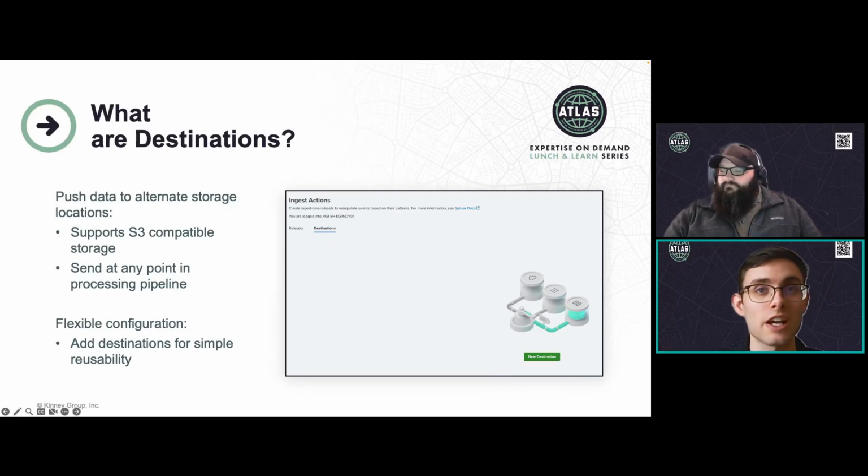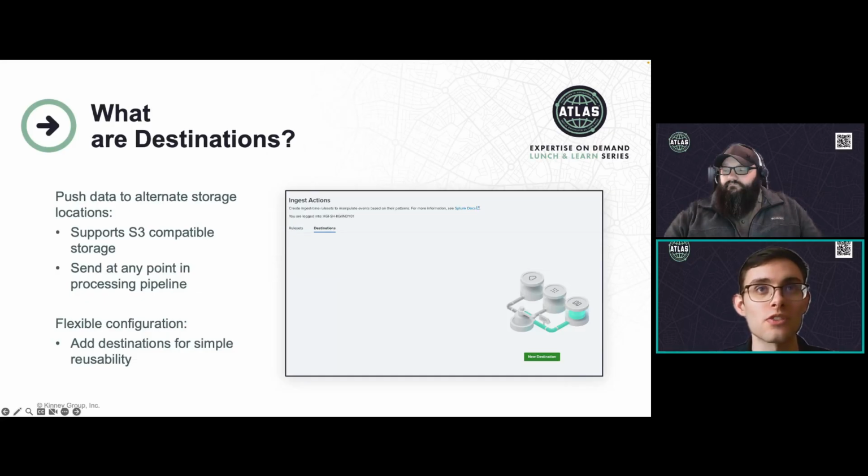Ingest actions makes this really interesting in that you can introduce routing to a destination at any point in a processing pipeline. So any form of the data through your manipulation, you're able to push to an S3 storage location.